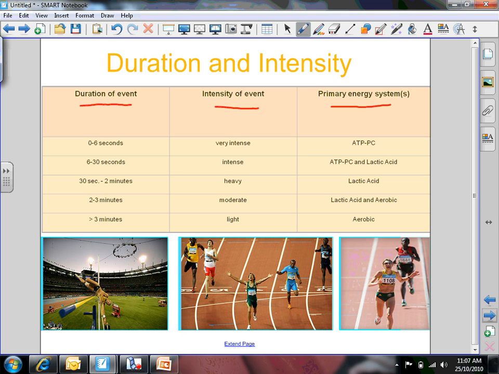It is just becoming the dominant energy system. And you can see the pictures here indicate different types of activities that would fall into those different events. The pole vault being very short, a sprinting event being a little bit longer, but again higher intensity, and then a long distance event there, obviously longer with a lower intensity, relying on the aerobic energy system.